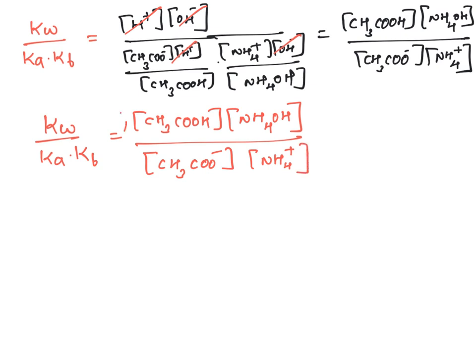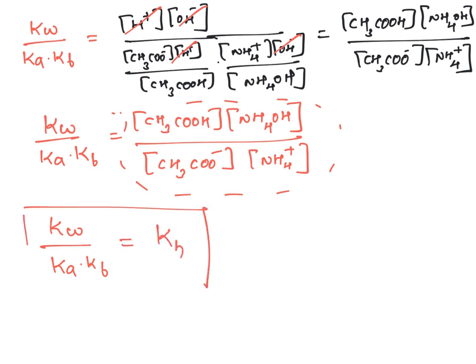So this entire term I can write as Kh. Kw by Ka Kb equals Kh. So the relationship is Kh equals Kw by Ka Kb.